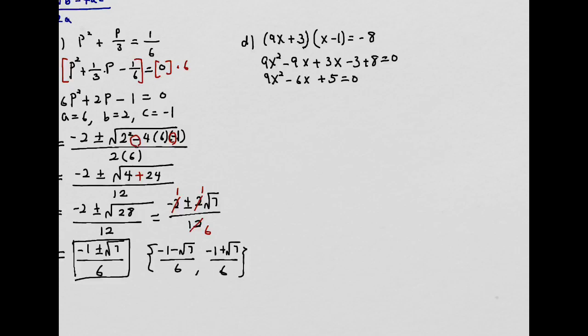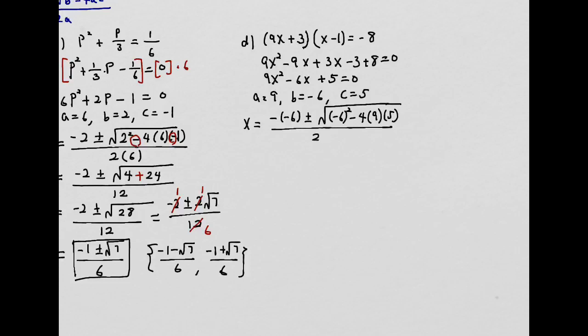So if we want to solve by quadratic formula, get the a, b, c out, and then plug into the quadratic formula: -b plus minus square root of b squared minus 4ac, over 2a.